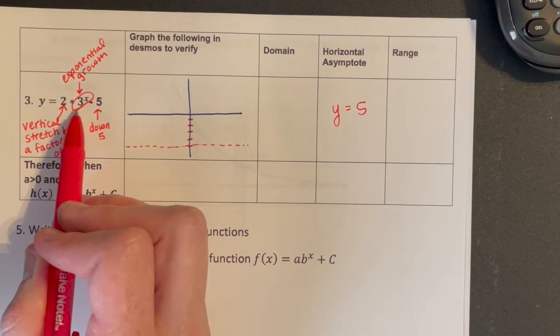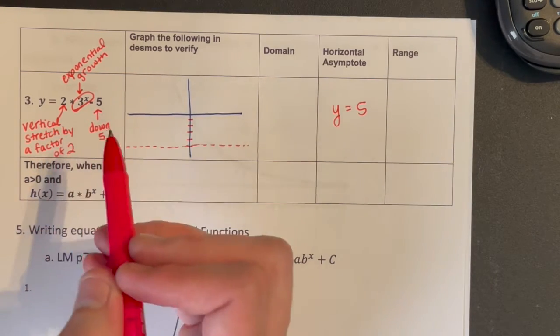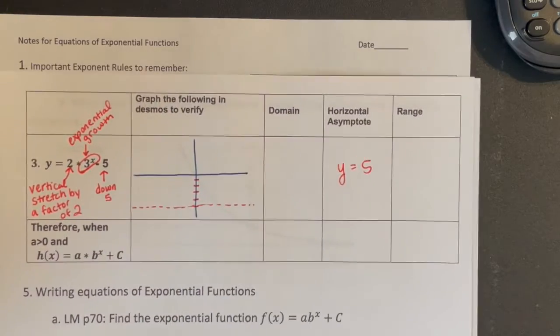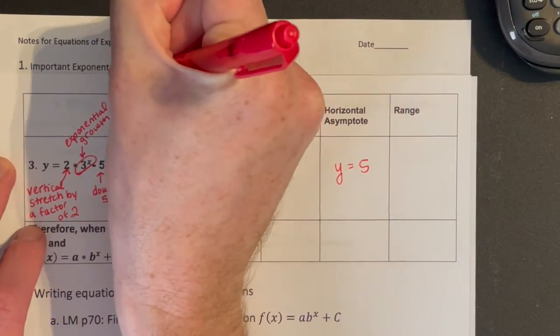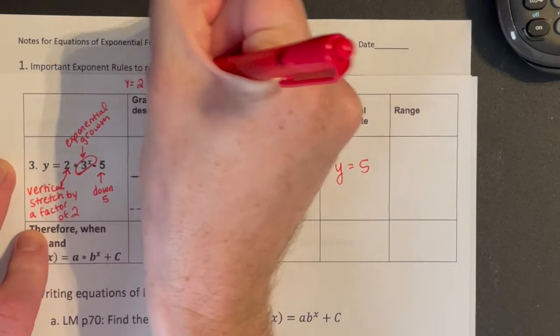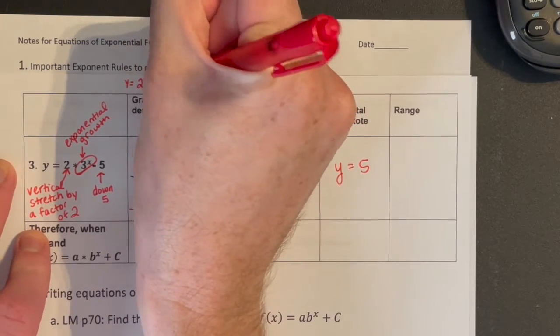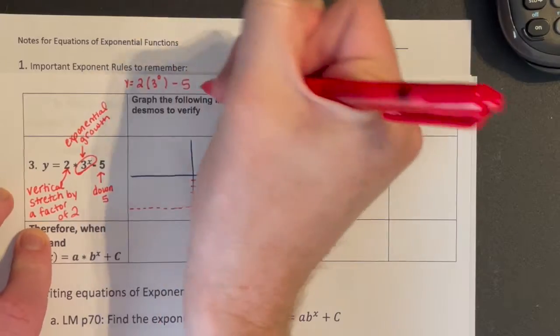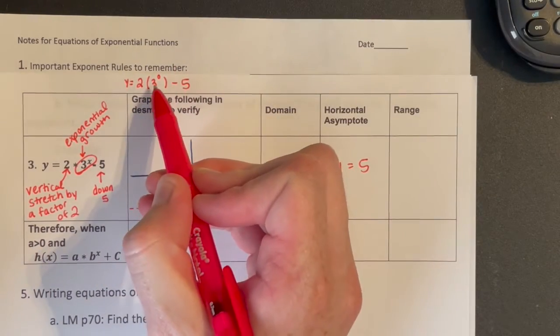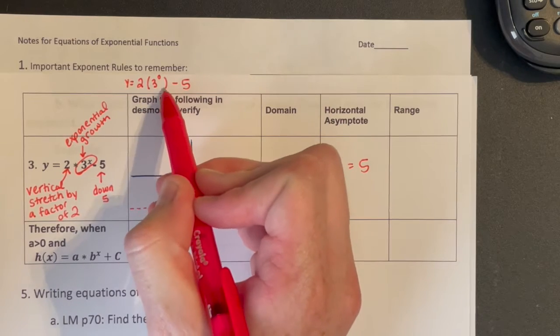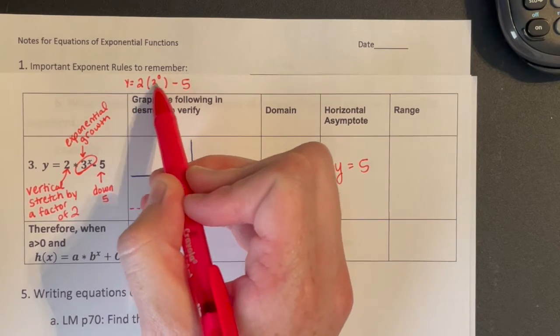If I found the y-intercept, let's do that up here at the top of the page. y equals 2 times 3 to the 0 power minus 5. Think about how we would evaluate that. Exponents would come first, so 3 to the 0 is just 1, which means I'm multiplying that 2 by a 1.